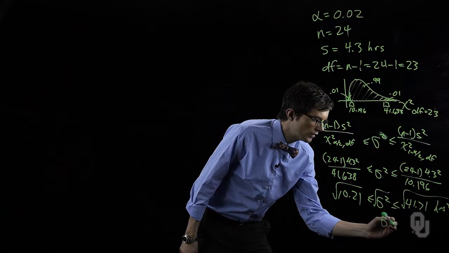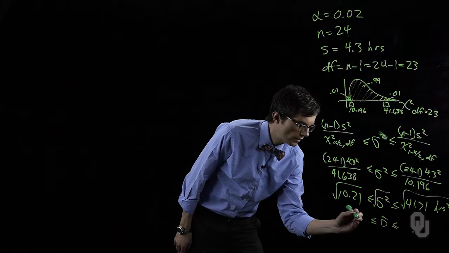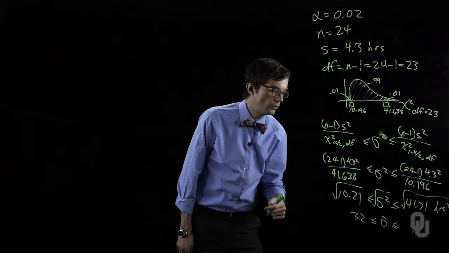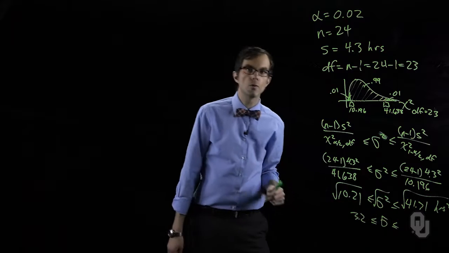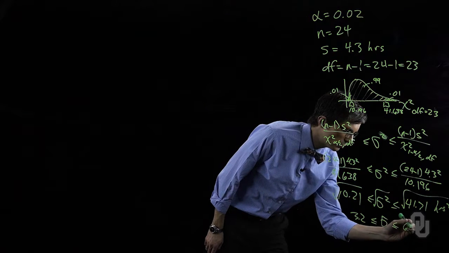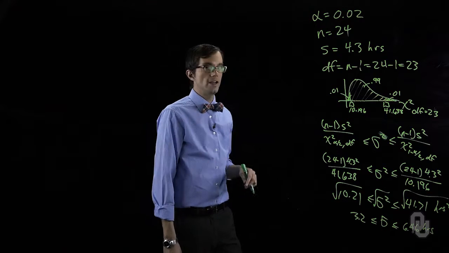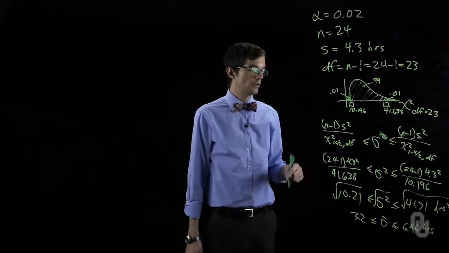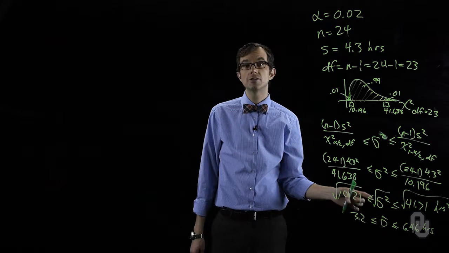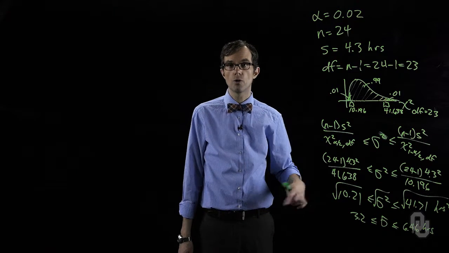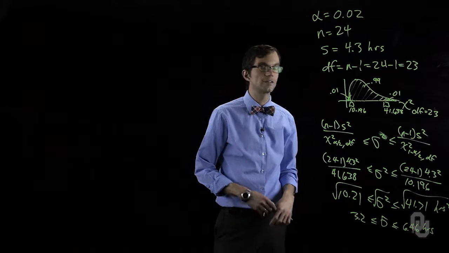So we could bound the population standard deviation to between the square root of 10.21, which is 3.2, and the square root of 41.71, which is 6.46 hours. So with 98% confidence, I believe the true population standard deviation of hours worked during a work week is between 3.2 and 6.46 hours.